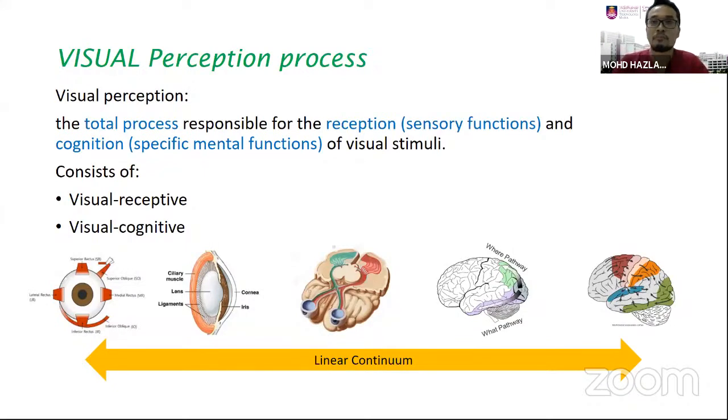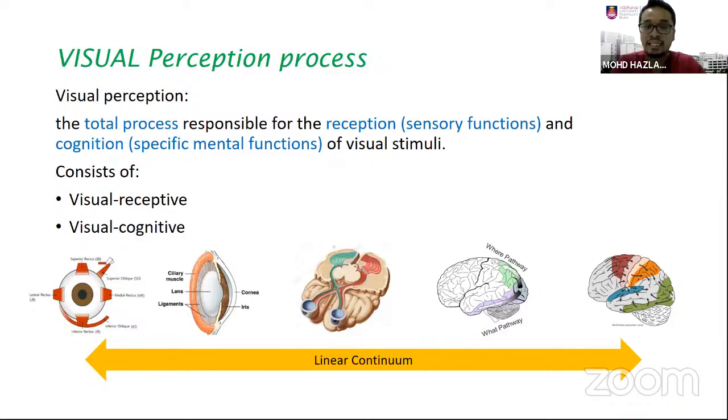It involves multimodal communications. If you look there, it is responsible for the reception of sensory functions. So it involves receptors, and also later on, it involves cognition, the specific mental function of visual stimuli, which is our central nervous system.